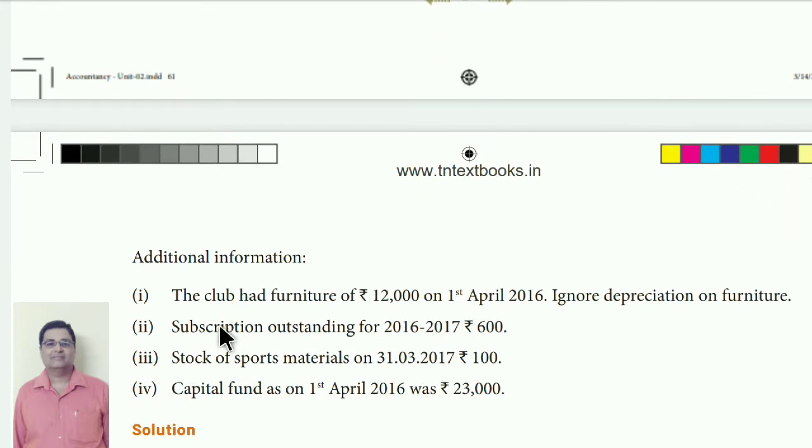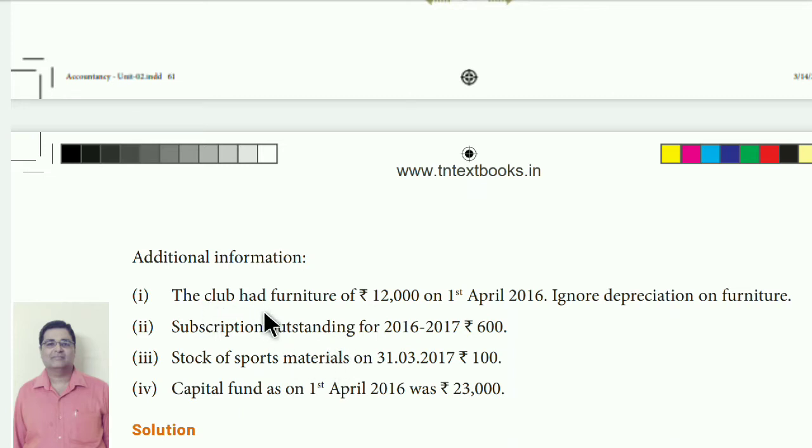The first adjustment is: the club had furniture rupees 12,000. So this 12,000 rupees we have to write on the asset side of the balance sheet. In this question, the capital fund is given, so no need to prepare the opening balance sheet. We have to prepare the closing balance sheet straight away.